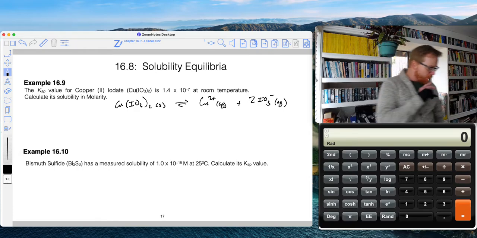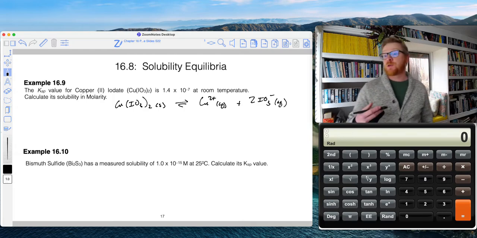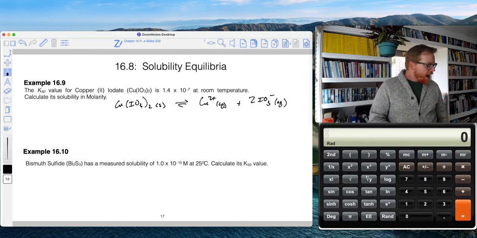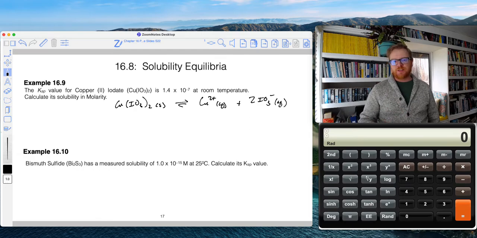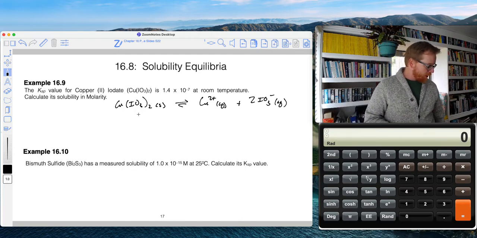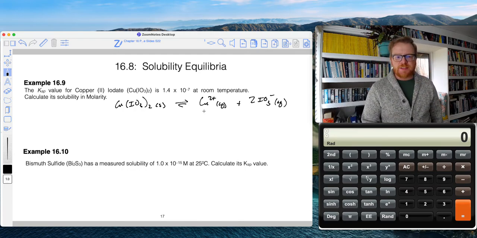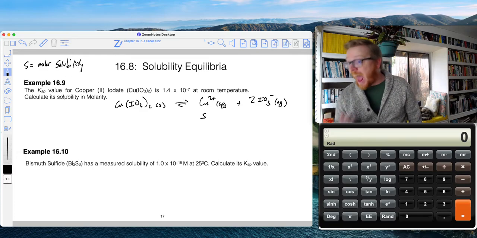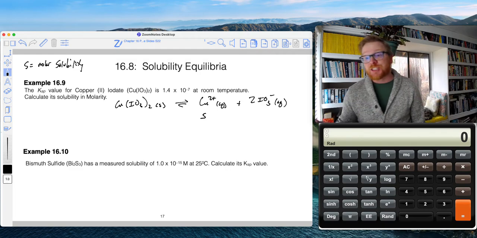Okay. So now we could approach this in the same way that we've done before by using a RICE table. However, what we would recognize is our RICE table for this is always going to be really simple because we're not ever going to have anything for this solid, at least not in our RICE table, because we don't include solids in the equilibrium expression. So now what I'm going to do instead, I'm going to put a letter S right here, where that letter S means my molar solubility. And before we had used the letter X, so no different really, we're just changing the letter.